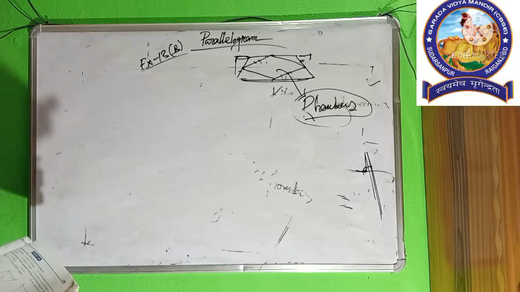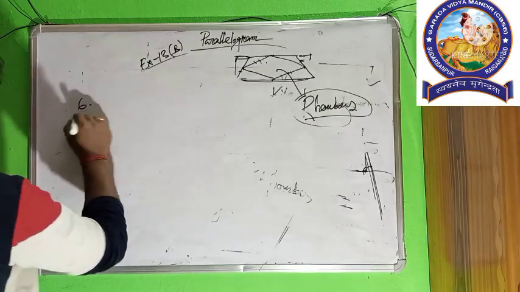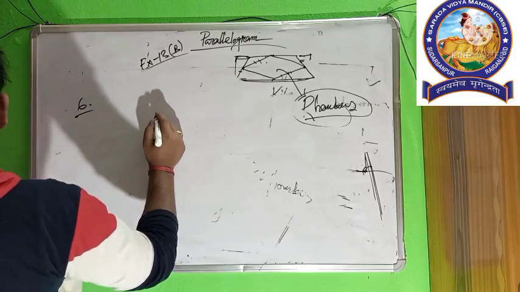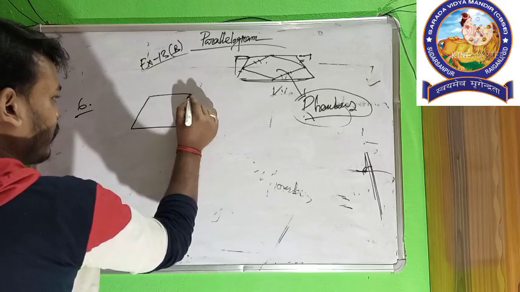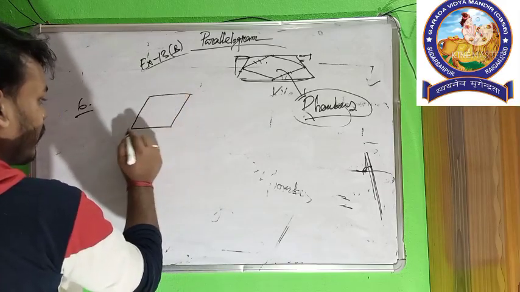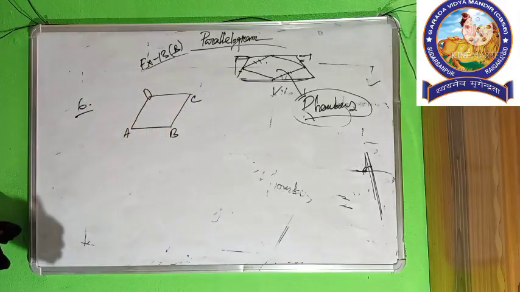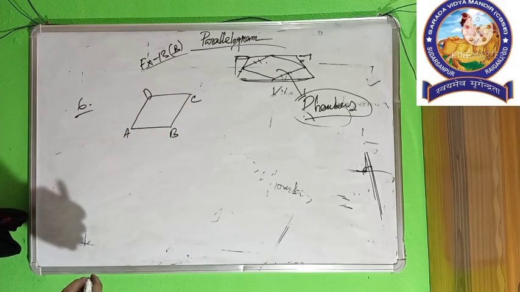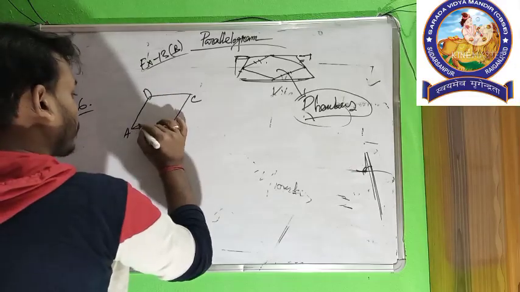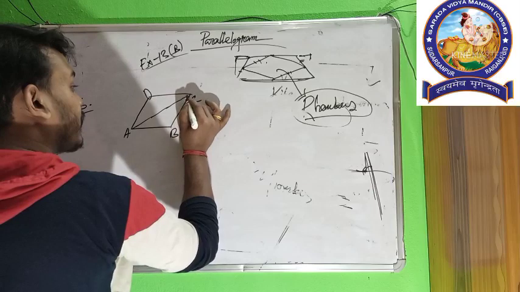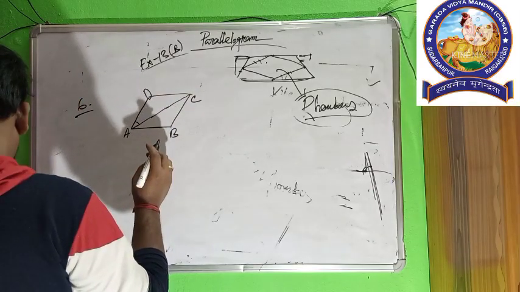Question 6. ABCD is a rhombus. That means all sides are equal, and angle DAC is 50 degree.